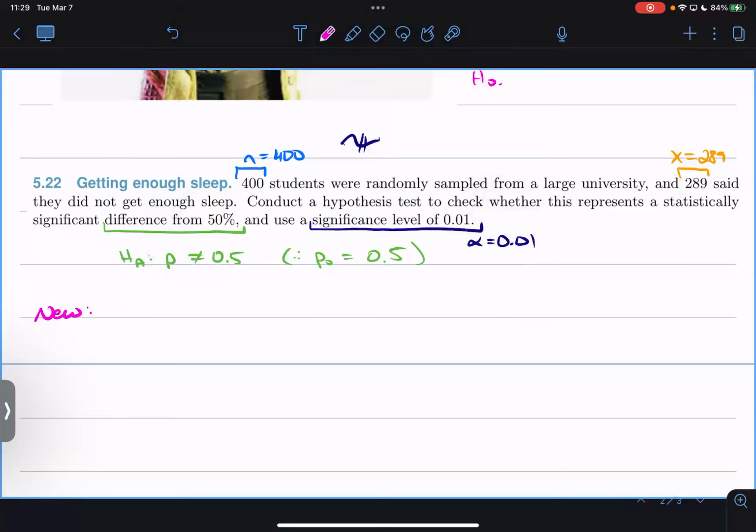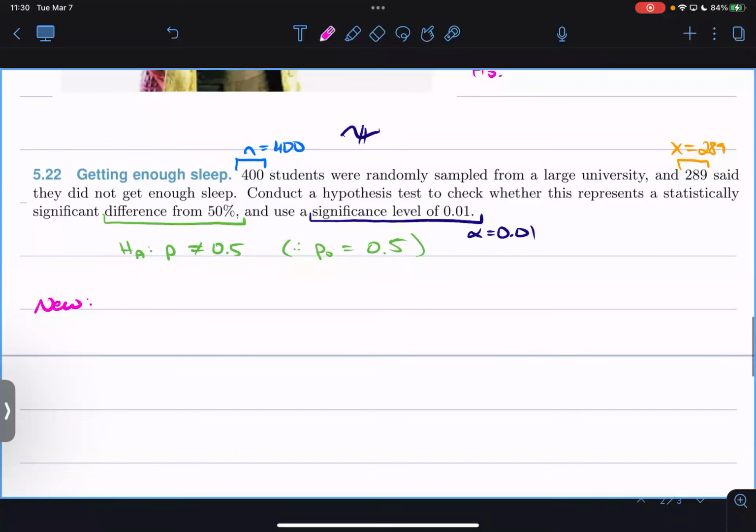It's very similar to the conditions that we've seen before, which are what? Independence. If the sample was randomly selected, then you can assume independence. And then the success failure condition. The success failure condition is going to change a little bit because now we have P naught. So we do have some hypothesized population proportion. And so that's the only change.